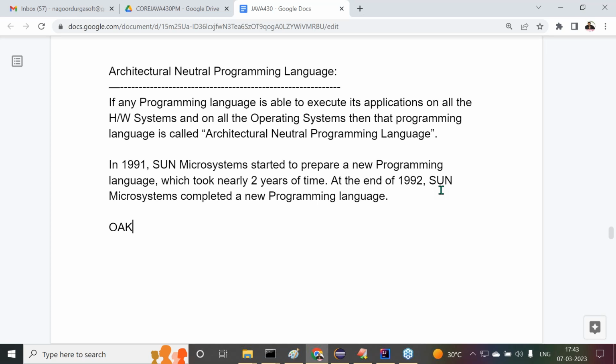Good. What the Sun engineers used to do in general is go to their cafeteria at Sun Microsystems every day. They used to take one brand labeled coffee, or tea, that doesn't matter. The name of that coffee is Java. Recognize what I'm telling you. All Sun engineers used to go to their cafeteria, meaning the simple canteen. Every company has canteen service available.